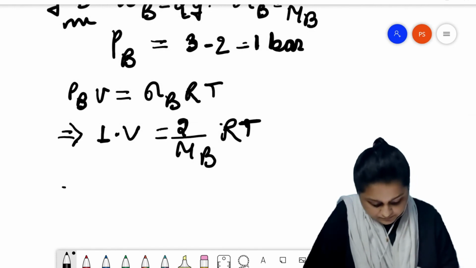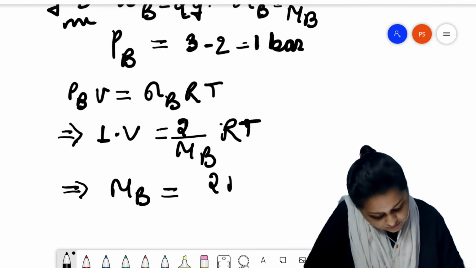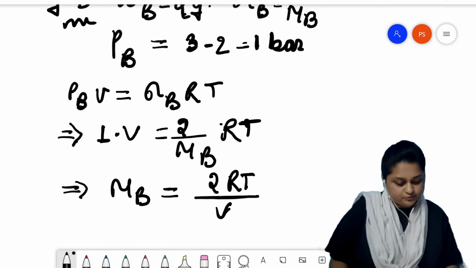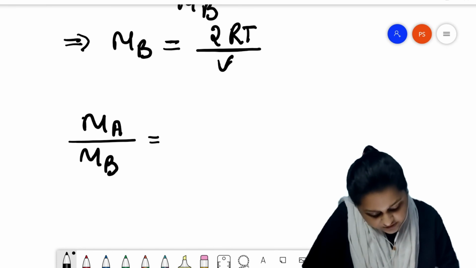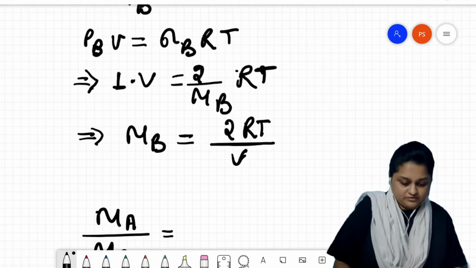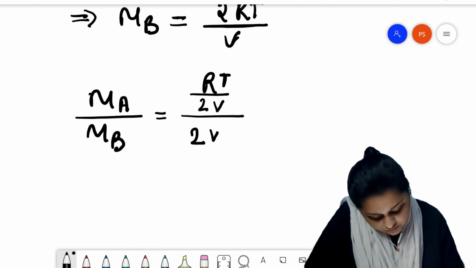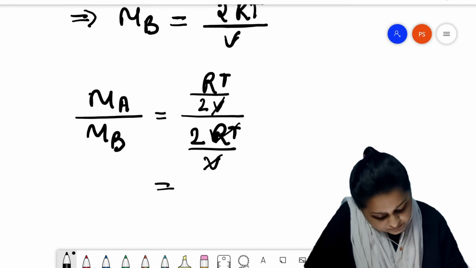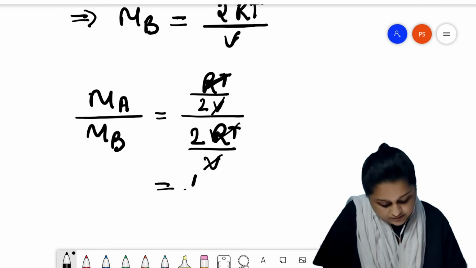Or molecular mass of B equals 2RT by V. So to find the relationship, we can simply take the ratio of molecular mass of A by molecular mass of B, and this will give the value as RT by 2V divided by 2RT by V equals 1 by 4.